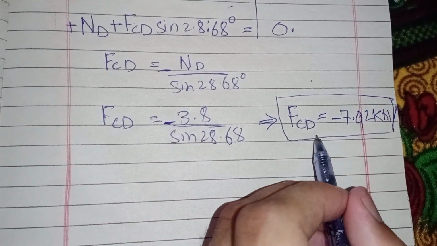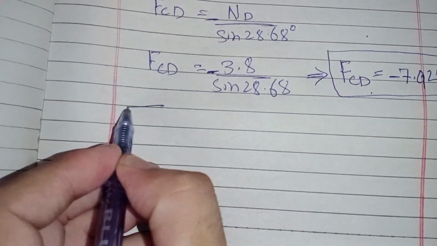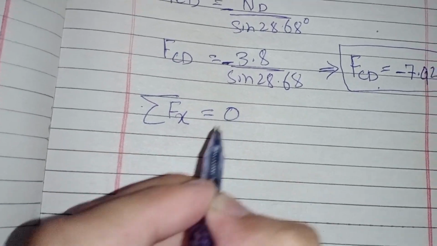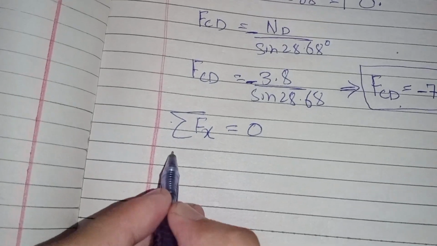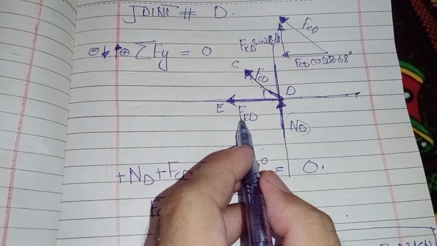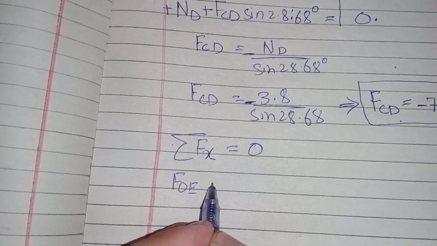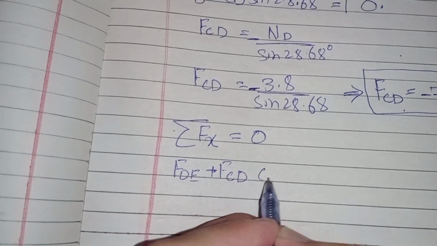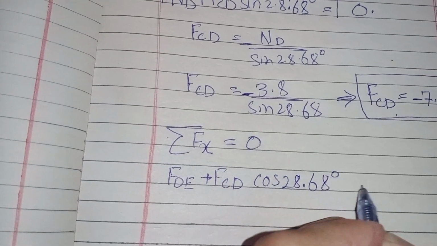This is my first member force. Then summation of all forces in X equal to 0. I will take all horizontal forces: FDE, this is one horizontal force, and FCD cos 28.68 degrees, equal to 0.